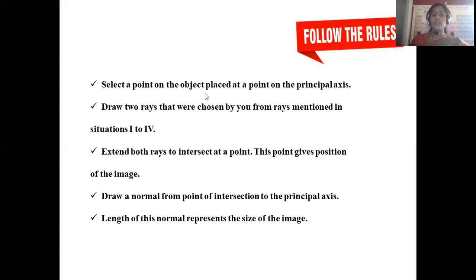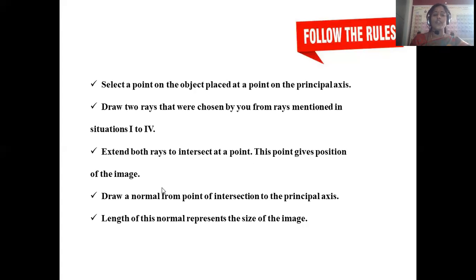In brief, we will discuss one more time. First one, we have to select the position of the object on the principal axis. Second, 4 situations should be obeyed in order to draw the 2 rays from the object, and these rays intersect at a particular point where the lines converge, and that point is used to generate the image. Right.